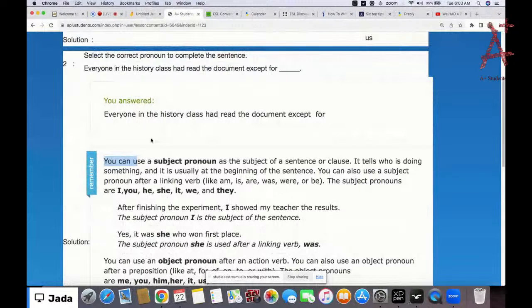Alright, so first of all, you can use a subject pronoun as the subject of the sentence or clause. Okay? So you can use a subject pronoun as the subject of the sentence or clause.